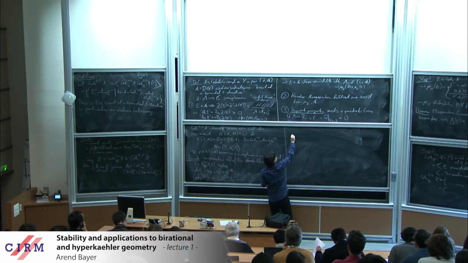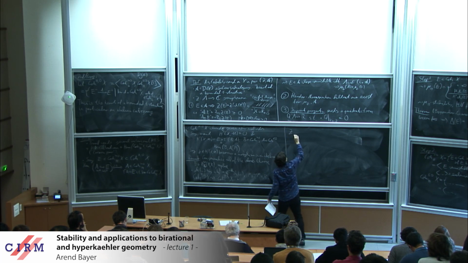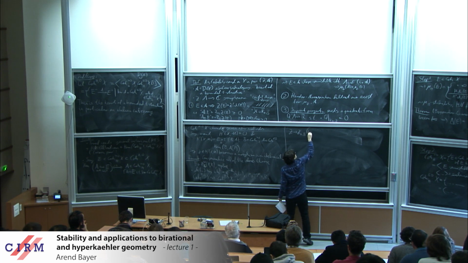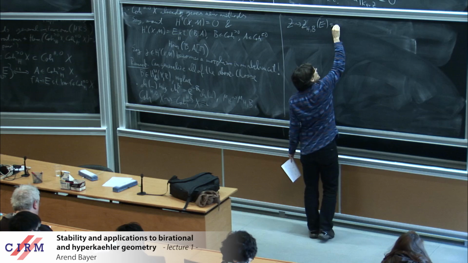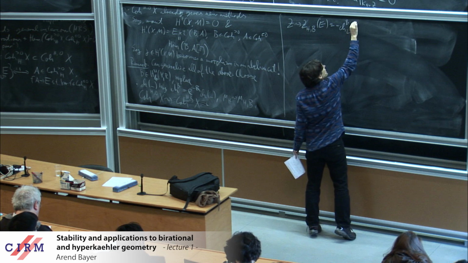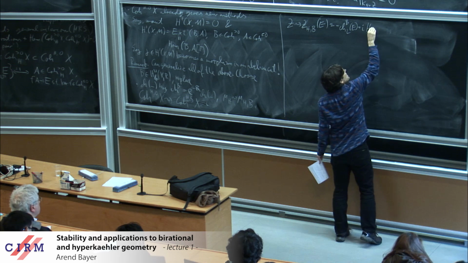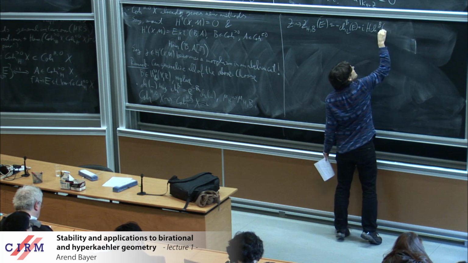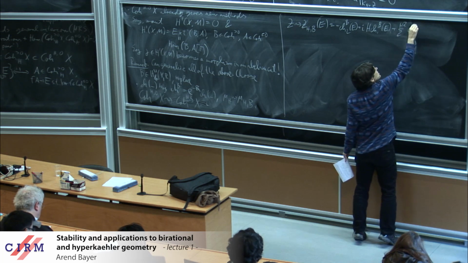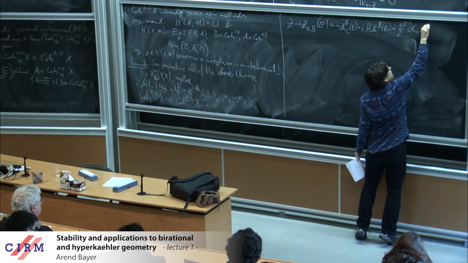Okay, and step 3. And oh, I should also say what Z becomes. So Z becomes Z_{H,B}. Let me write down the formula here. This is minus ch_2^B(E) plus i H ch_1^B(E) plus H squared over 2 ch_0(E).